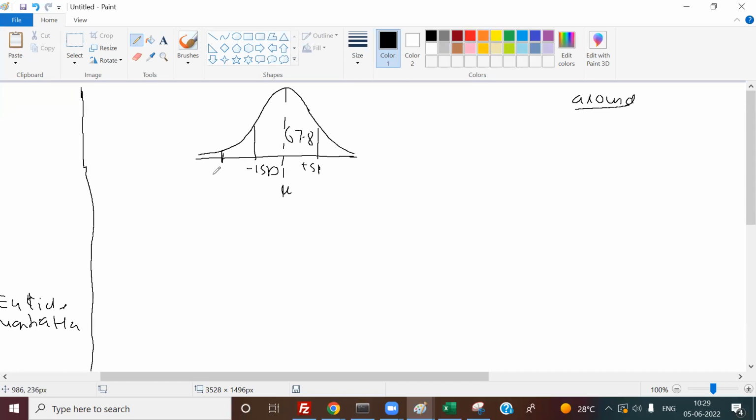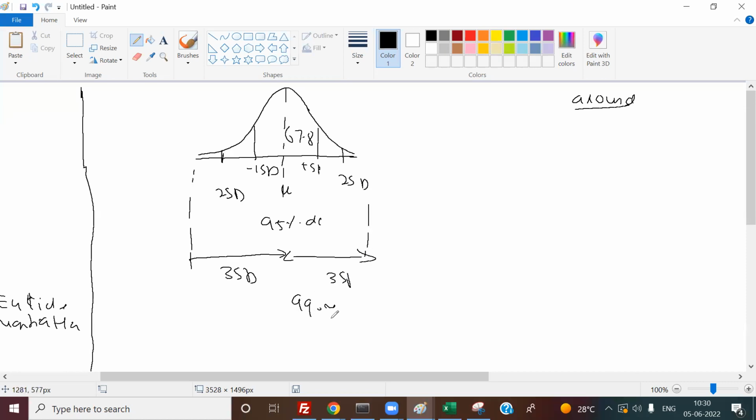And within your plus minus 2 standard deviation, you would be having around 95% of the data. And within 3 standard deviation on the left and 3 standard deviation on your right, you would be having around 99.7%.